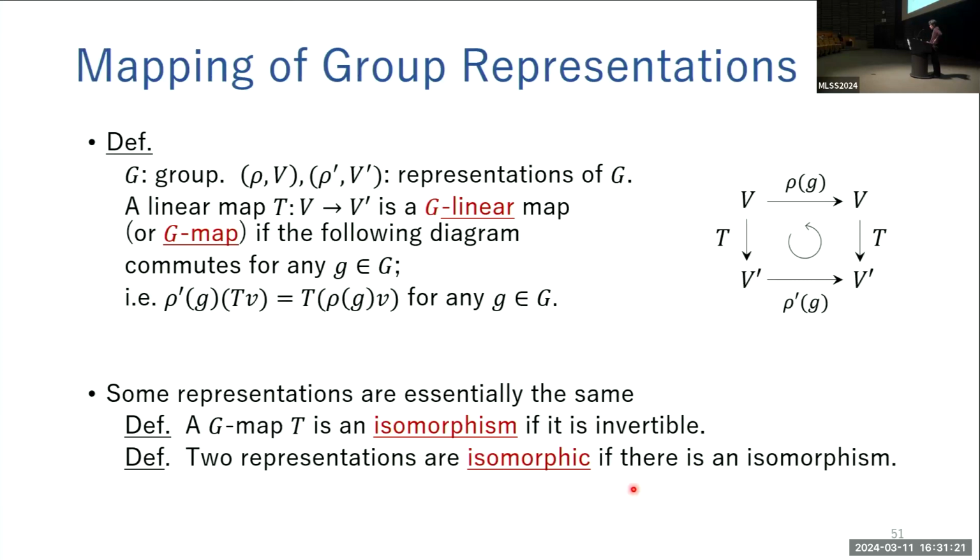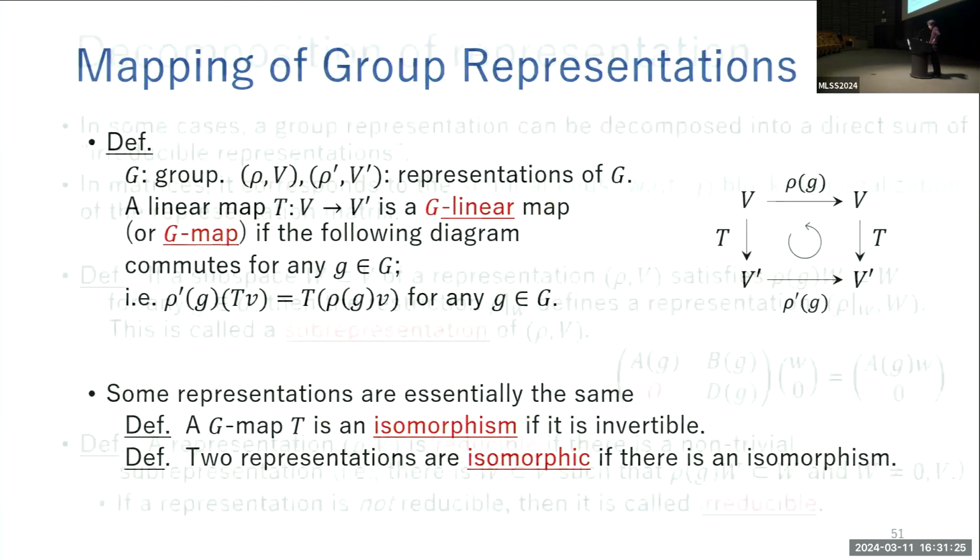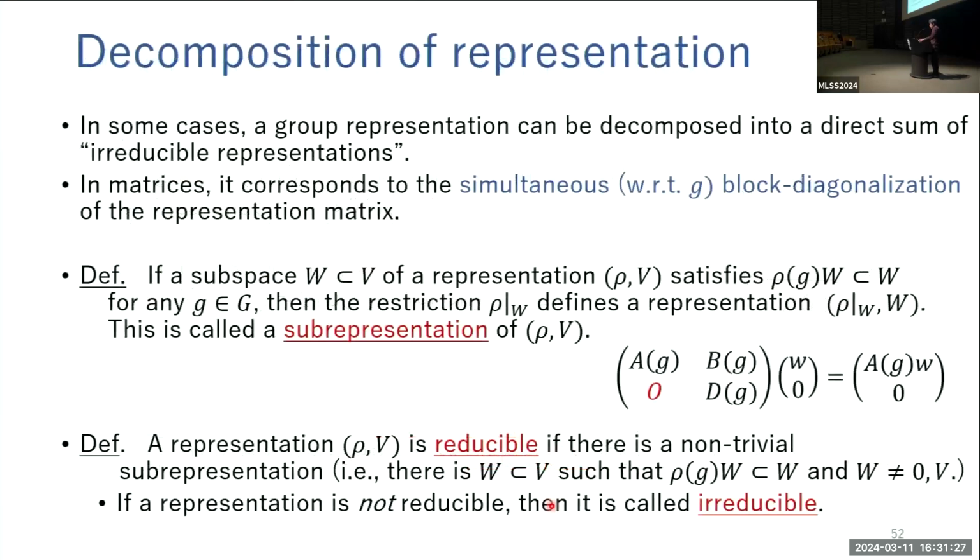And if there is an isomorphism, we say that the two representations are isomorphic. And we can discuss the decomposition of representations, expressing one representation as a direct product, in some sense, of many representations. Okay, so the direct sum of many representations.